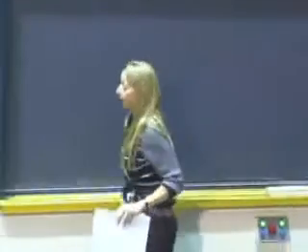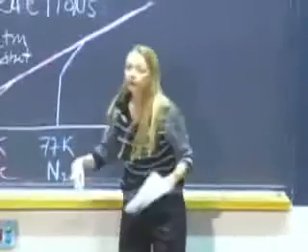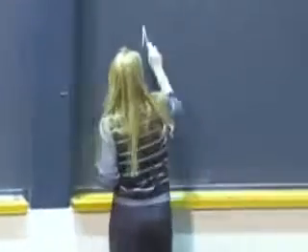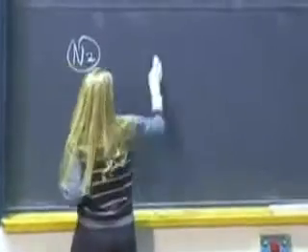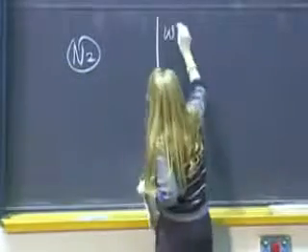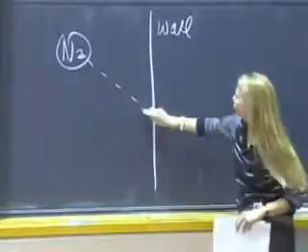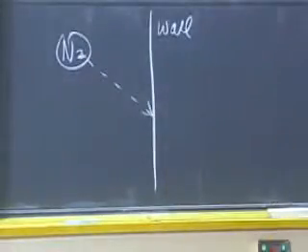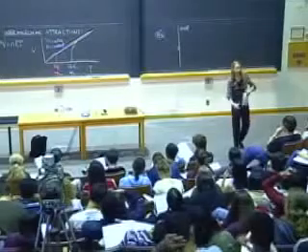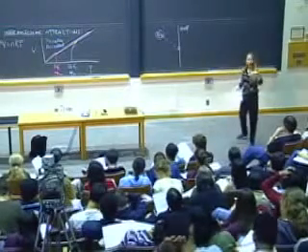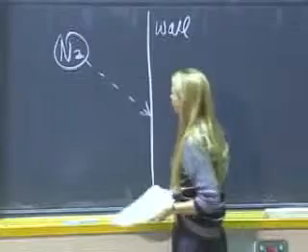So for example, if I had in my gas this nitrogen molecule headed toward the wall of my container, and it's got some initial straight trajectory, it's going to hit the wall where it's going to exert this force, which will lead to my macroscopic pressure.